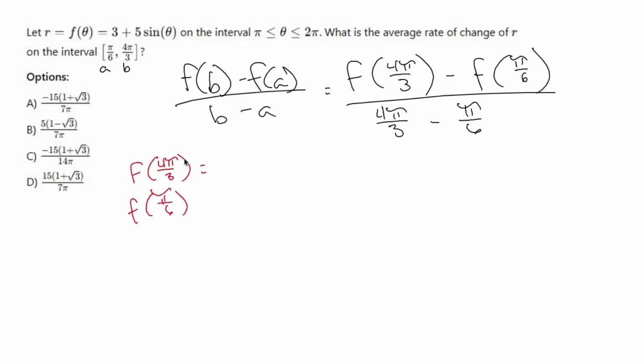All right, so f of 4 pi over 3 is going to be 3 plus 5 sine 4 pi over 3. Now at this stage, usually I whip out a unit circle, but I don't need to draw that out anymore. I know that the sine of 4 pi over 3 is going to be negative root 3 over 2.